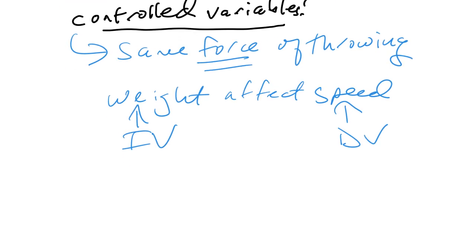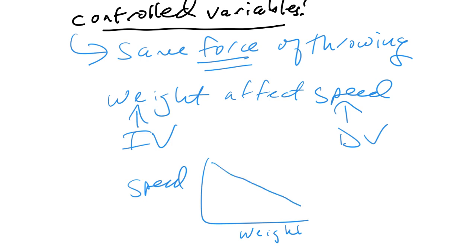So the weight would be down here, and the speed of the ball would be here. So for a given force, the bigger the weight, the what the speed? I would get a graph like this. Okay? So as the weight goes up, the speed for a given pushing force goes down.